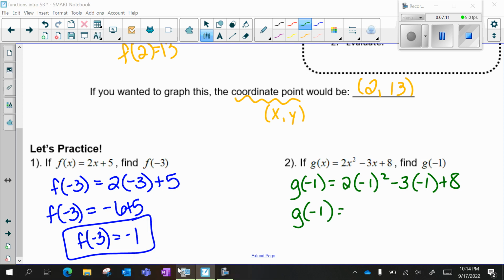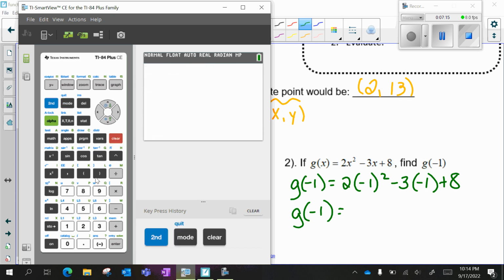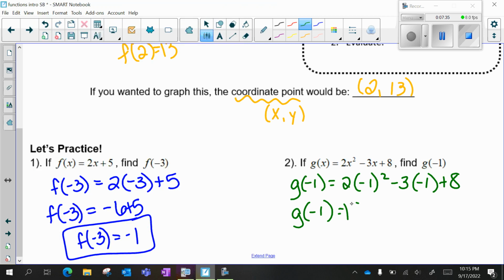So in the home screen of my calculator, I'm going to clear out anything that I have. 2, open parentheses, negative 1, close parentheses squared, minus 3, open parentheses, negative 1, close, plus 8. So g of negative 1 is 13.